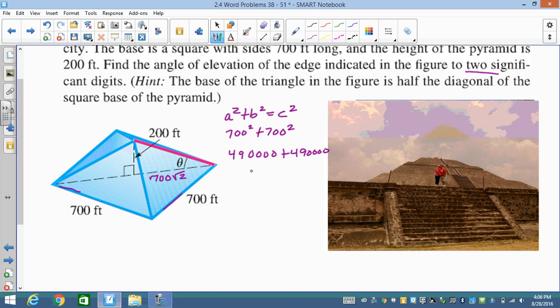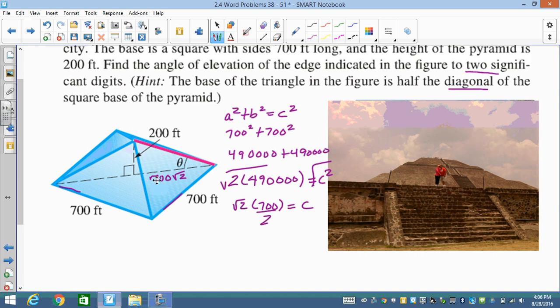And you put these two together, there's two of them there, so you get 2 times 490,000 equals c squared, and you take the square root of both sides, and you get the square root of 2 times 700 equals c. But now remember, it did tell you up here that the base of the triangle in the figure is half the diagonal. So I need to take half of this.